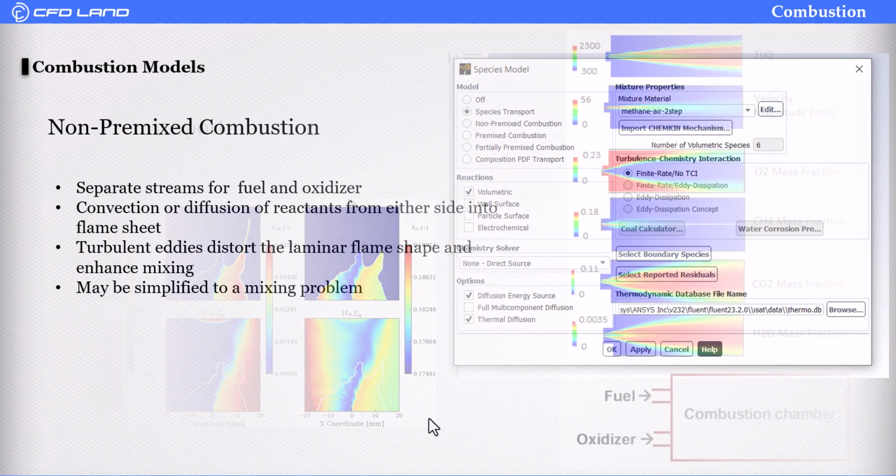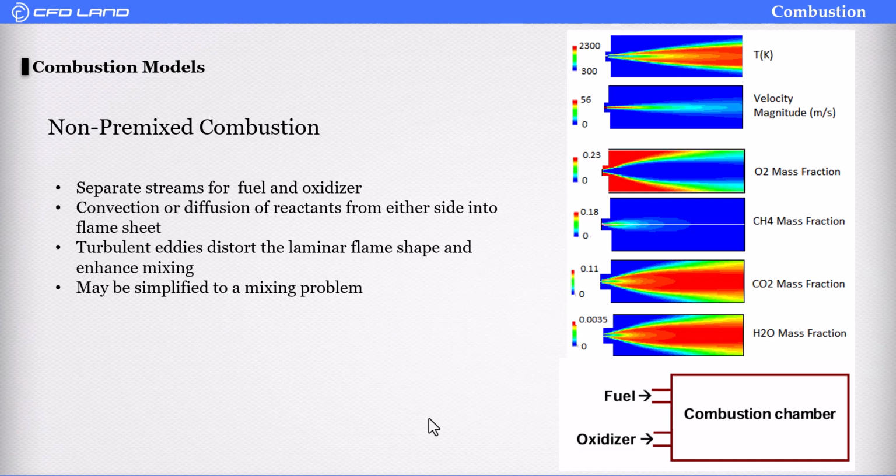The next model that we are going to discuss is the non-premixed combustion model. As its name says, fuel and oxidizer enter combustion chamber from two separate streams, and mixing occurs by a combination of turbulent stirring of the fuel and oxidizer streams and molecular diffusion.